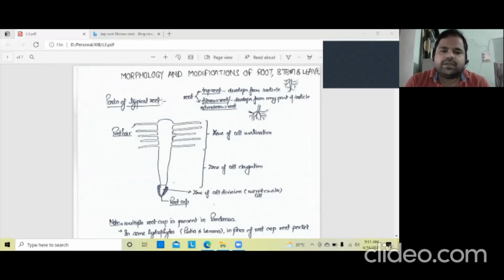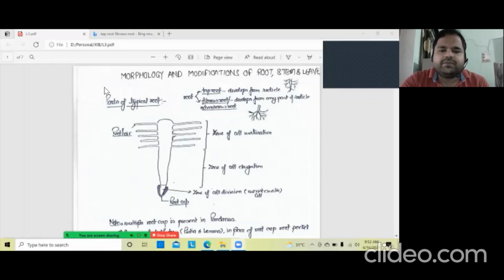As I told before, these tissues are present in the tip of the shoot as well as the root. So this is the tip of the root where these meristematic cells are, and these cells help to increase the length of this root.